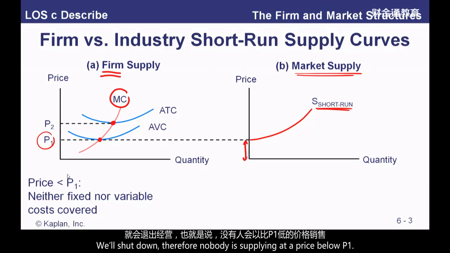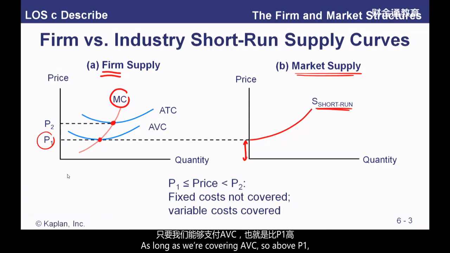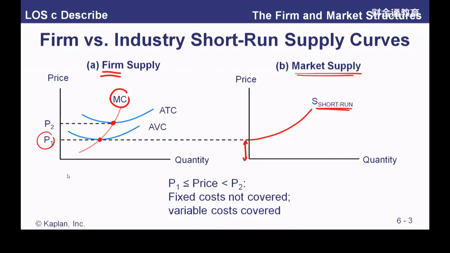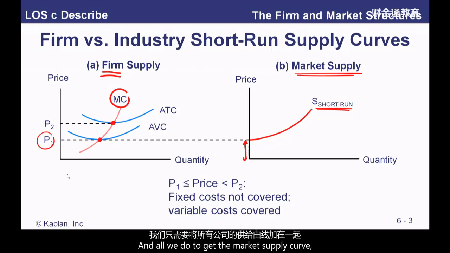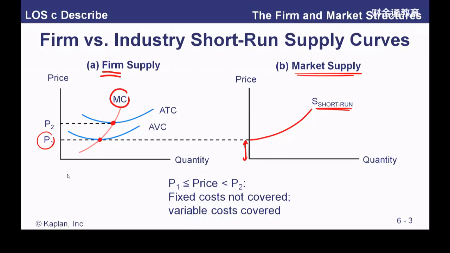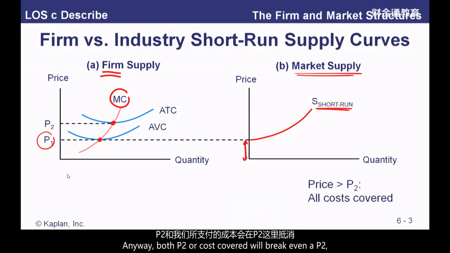Therefore, nobody is supplying at a price below P1. As long as we're covering AVC, so above P1, then firms will supply in the short run. And all we do to get the market supply curve is add together all the individual firm supply curves. Anywhere above P2, all costs are covered. We break even at P2 and make economic profits above P2.